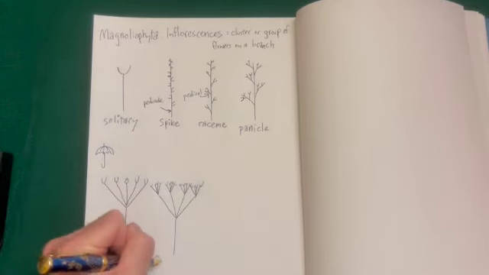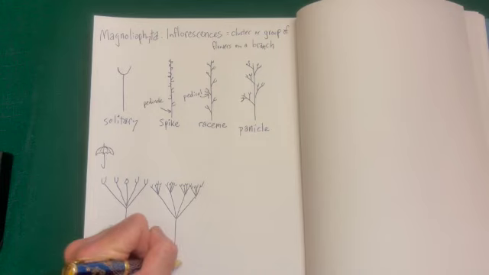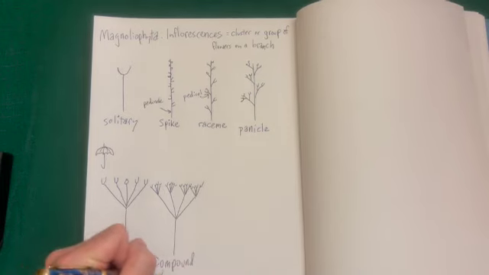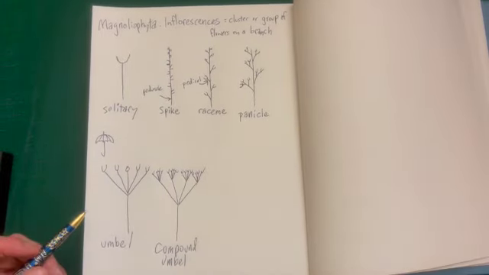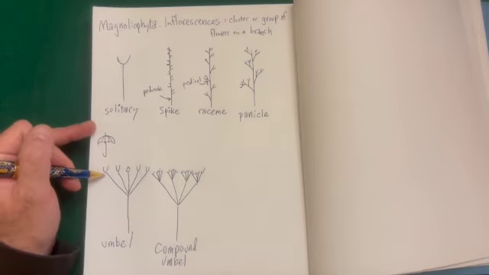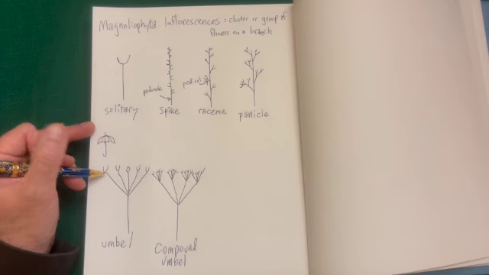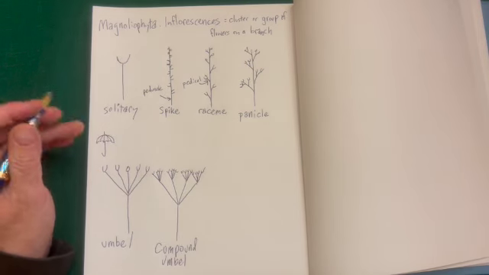And this is called a compound umbel. Compound umbel, which is an umbel of umbels. So imagine we took this, and then each of these little flowers here, instead of being a flower, there is just another umbel attached to it.